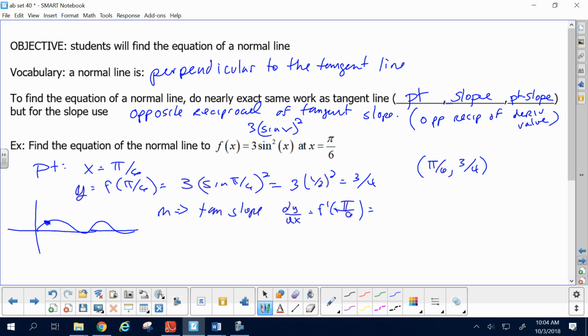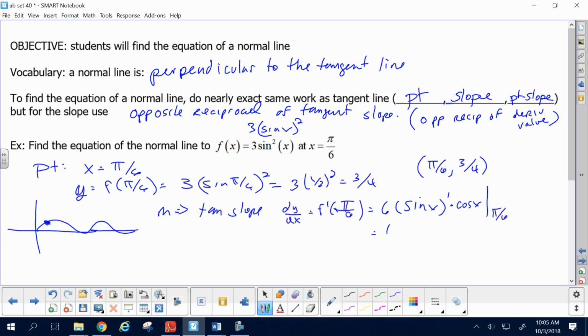Chain rule. Okay, so the derivative of the outside is the derivative of 3 blank squared. What's the derivative of 3 blank squared? 6 blank to the 1, and the inside still stays the same. So what's inside? Sine of x. Times the derivative of the inside, which is the derivative of sine, so times cosine.